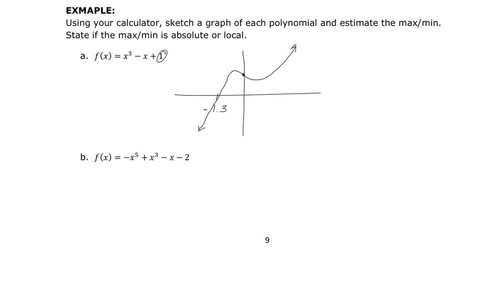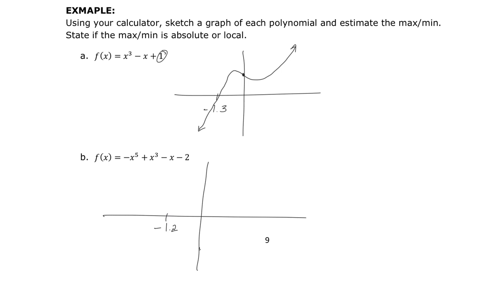Okay, so now I'm going to do my next one. If I had my Desmos, I would type in negative x raised to the 5th, plus x raised to the 3rd, minus x, and minus 2. And for this graph, we're going to cross at about negative 1.2.